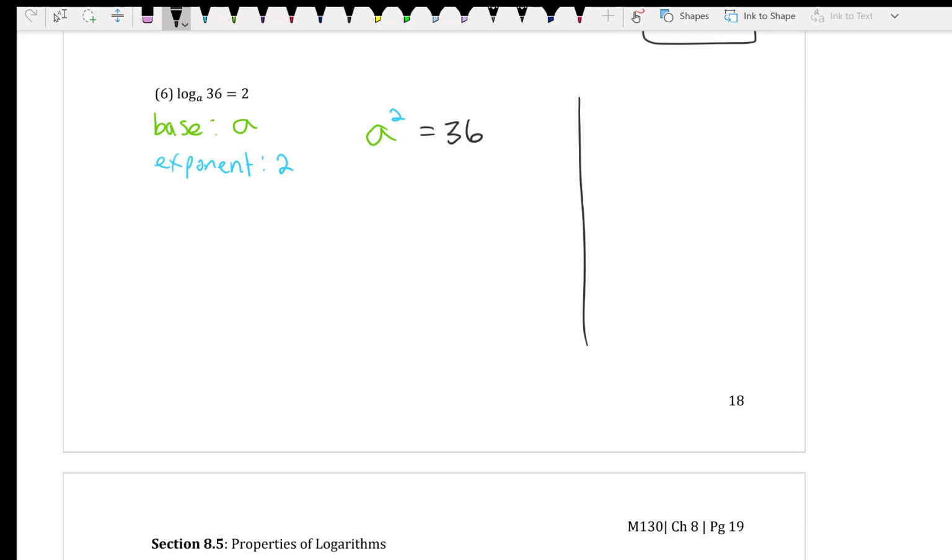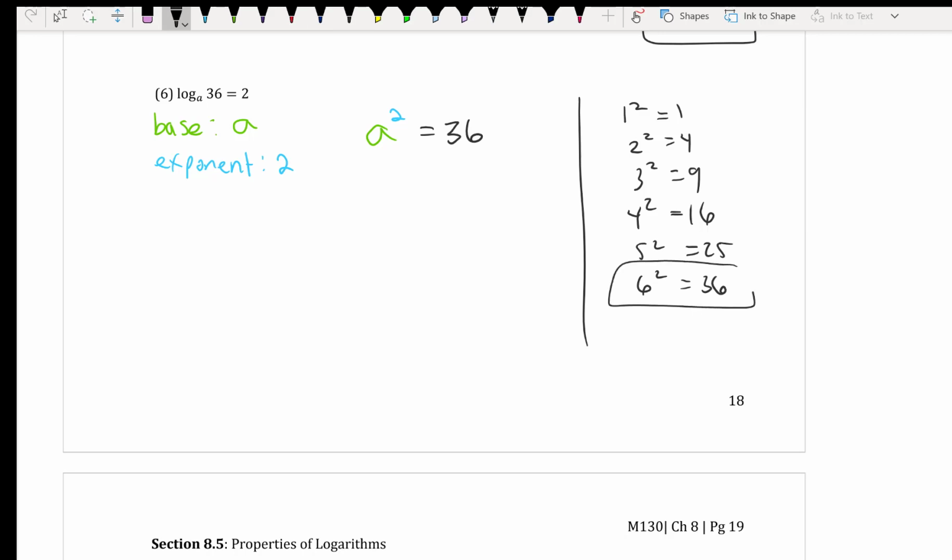What number squared is going to give you 36? 1 squared is 1, 2 squared is 4, 3 squared is 9, 4 squared is 16, 5 squared is 25, and 6 squared is 36. Well, this is what you want. So you know that your a value is equal to 6. 6 squared is equal to 36.